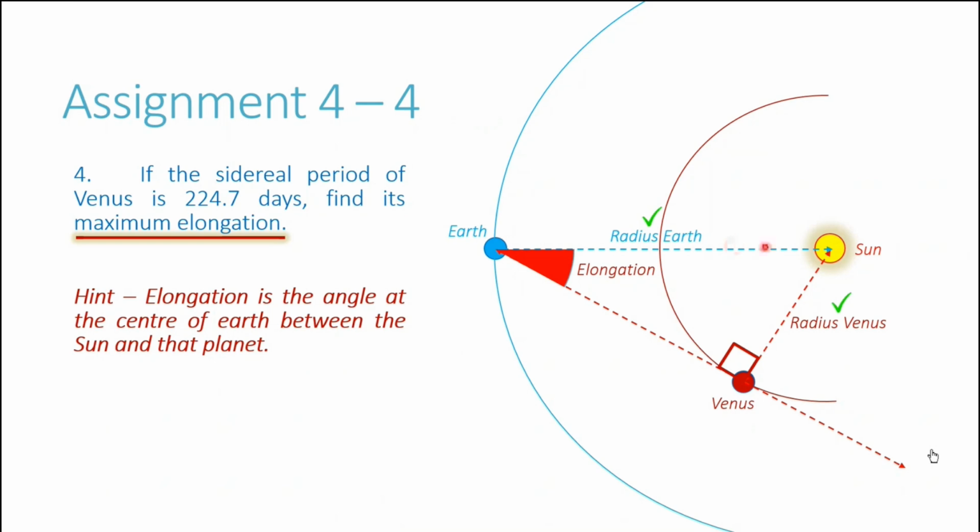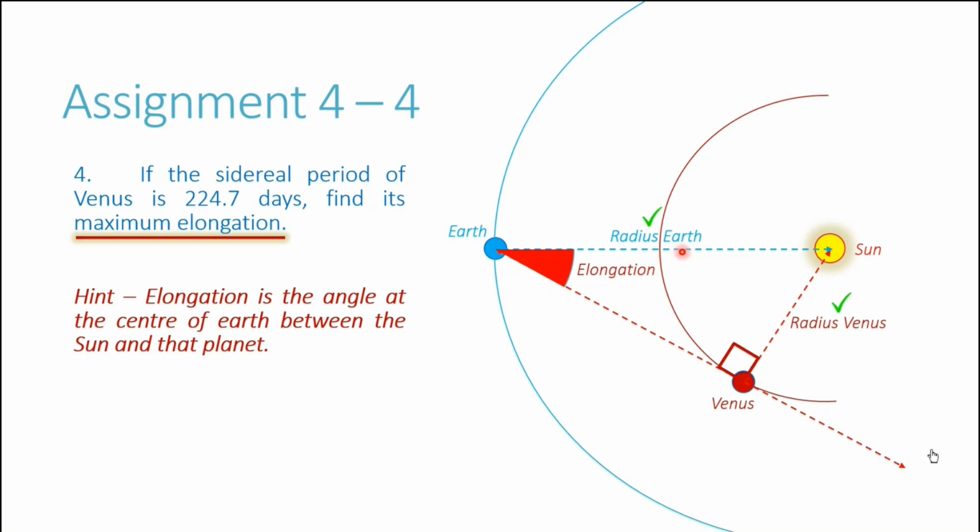In this triangle, radius of Earth is the hypotenuse, the side opposite to the right angle. And the radius of Venus is the perpendicular considering the red angle, since it is opposite to the angle. So if we have the radius of Venus and the radius of Earth, we can easily find out the elongation using the sine theta relationship.